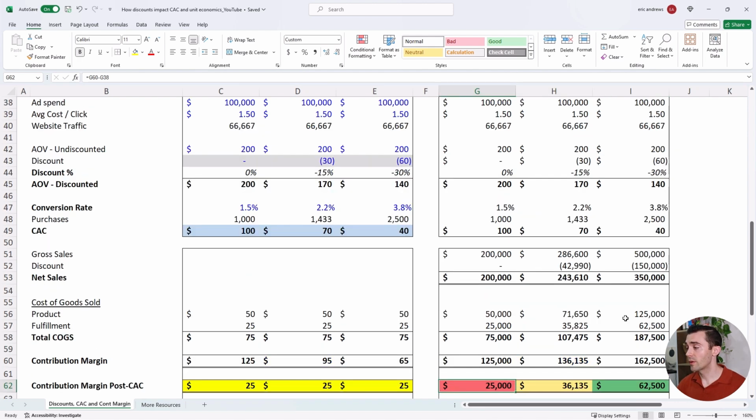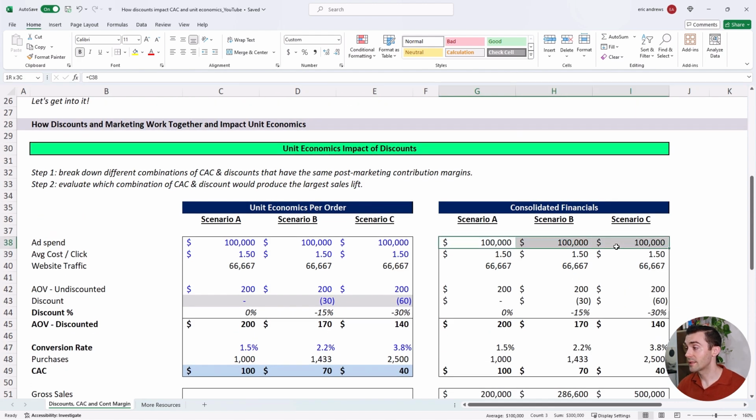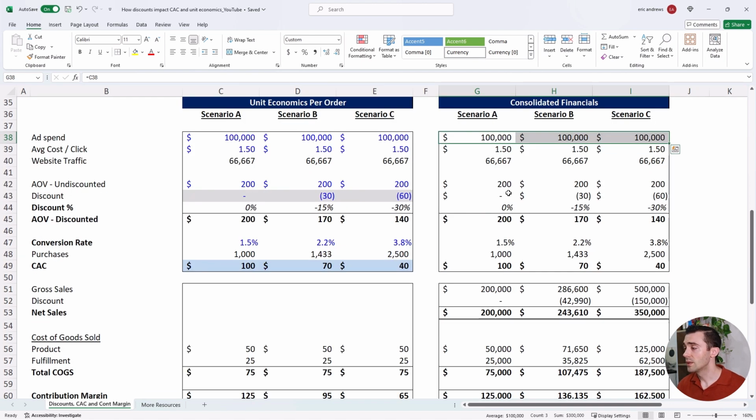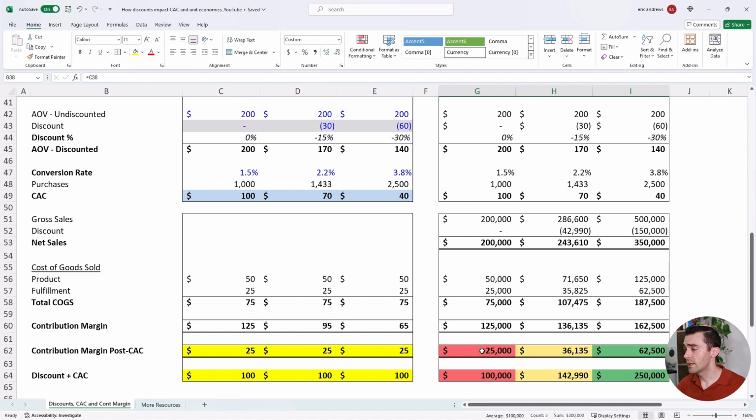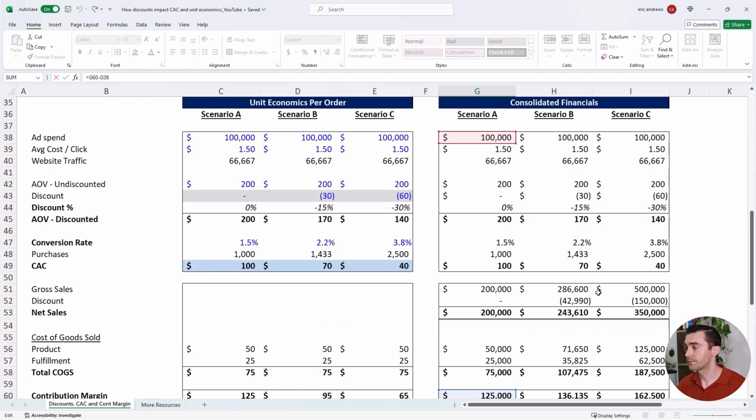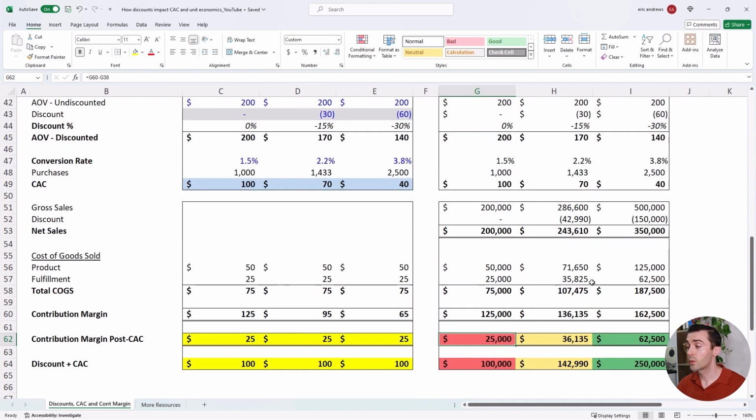But now remember, in each of these scenarios, we spent the same $100,000 on ad spend. So what we see here is that when we subtract the $100,000 from the $125,000, so you can see we're doing that here, we have $25,000 in post-marketing contribution margins. That's really the profit for the company. Scenario B, we have $36,000, and in scenario C, we actually have $63,000.